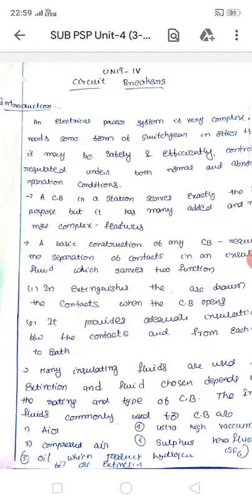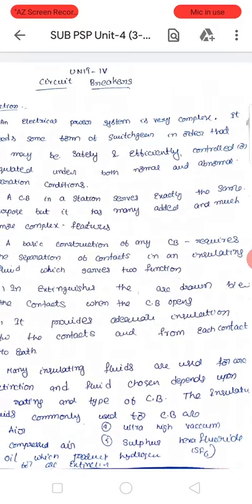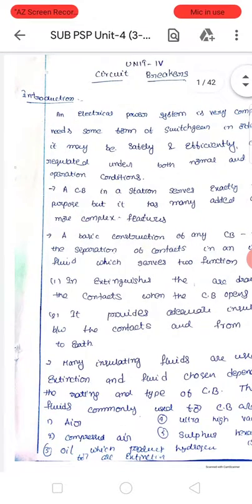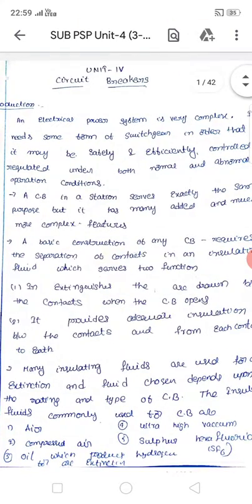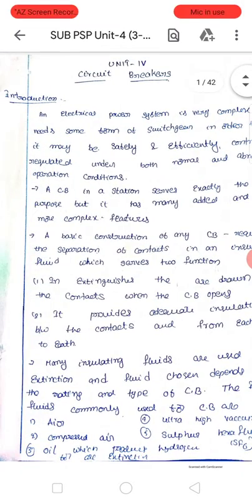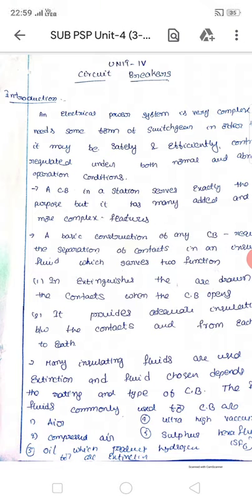Next, introduction. An electrical power system is very complex and needs some form of switchgear, so that it may be safely and efficiently controlled and regulated under both normal and abnormal operating conditions. Whenever faults occur, we use switchgear devices for safety.